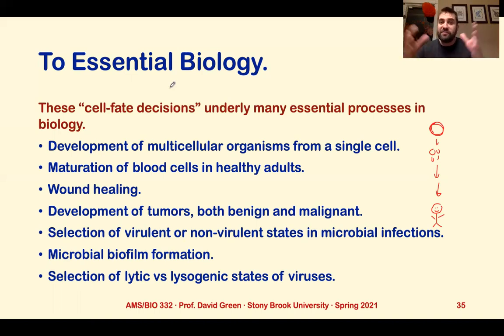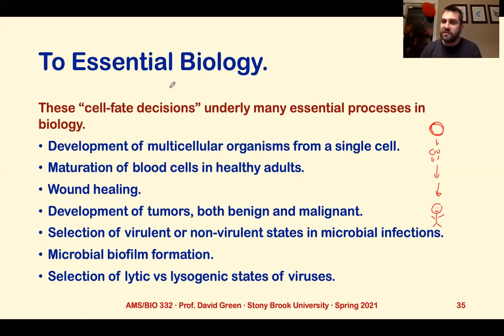This process of development of organisms, the field of developmental biology, again, is this tremendously rich, fascinating, and hard problem. But there are examples of these processes in many other contexts as well. In a healthy adult, your blood cells are constantly being replenished from so-called stem cells that rest in the bone marrow.